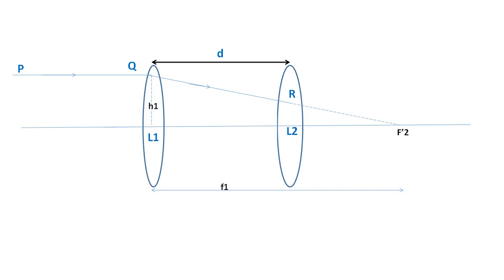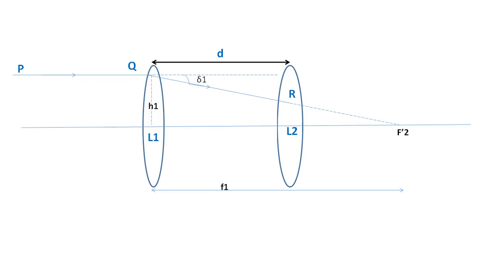But due to the presence of L1, the light ray gets refracted along QR. Therefore, I have to calculate the deviation produced by the first lens, that is delta 1.